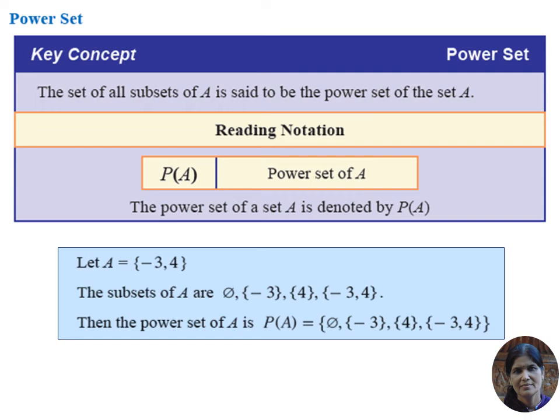Then the power set of set A, denoted P of A, is equal to {phi, {-3}, {4}, {-3, 4}}. So please observe the syntax used for this notation.